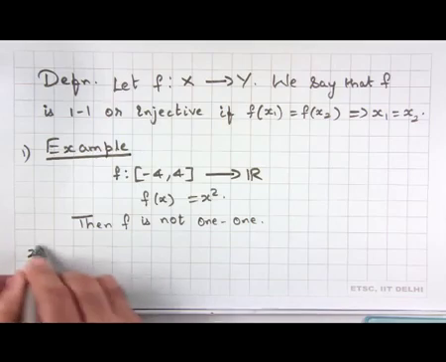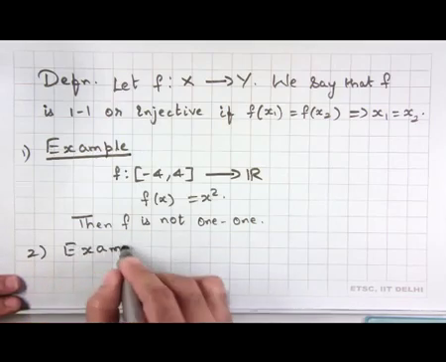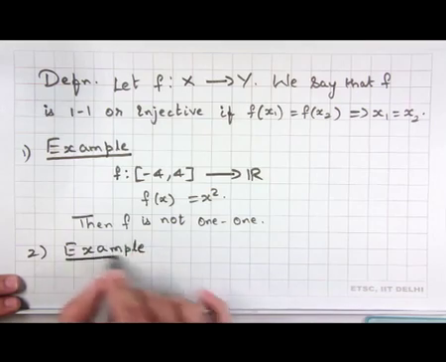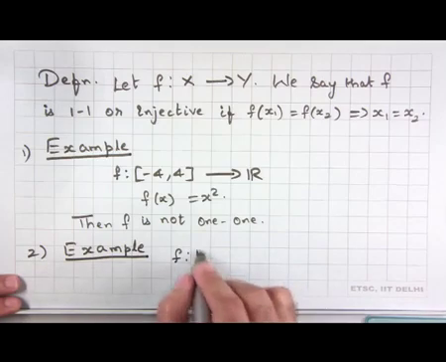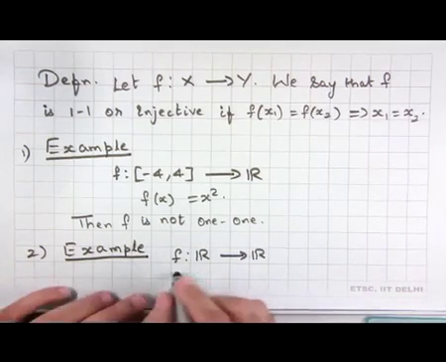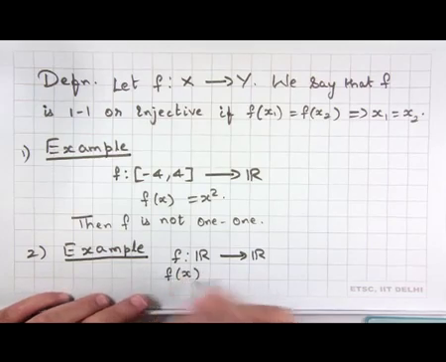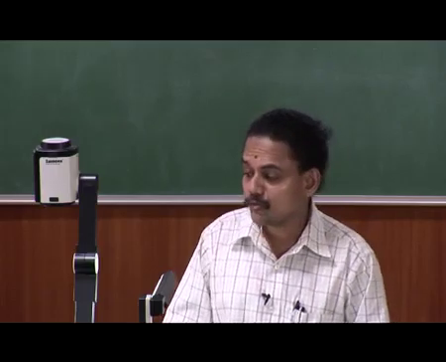Now, let us look at one more example. Let us look at a function from R to R given by f of x equal to x cube. Now, is this a 1-1 function?